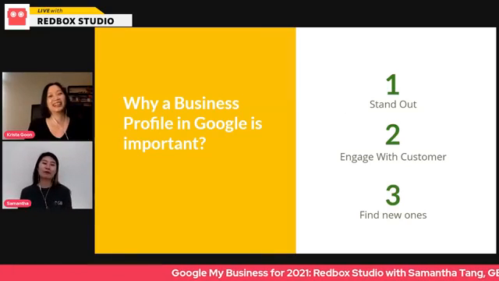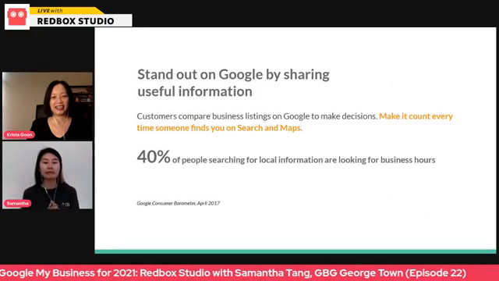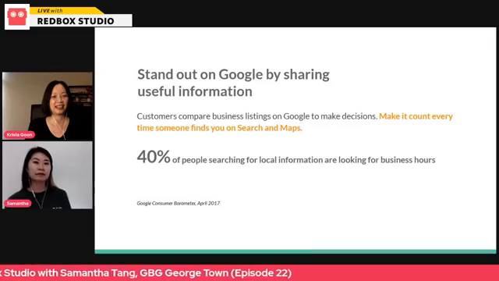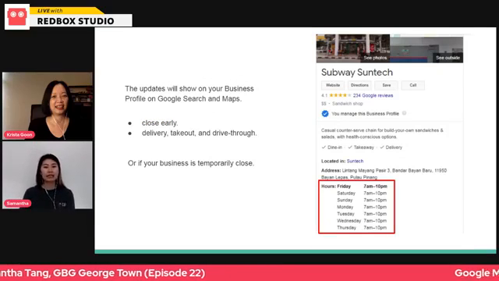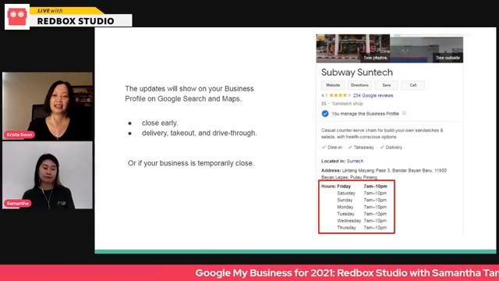So why is a business profile in Google important? Because it helps you to stand out by sharing useful information about your business. For example, I helped some of the Subway stores to claim their free Google business listing.